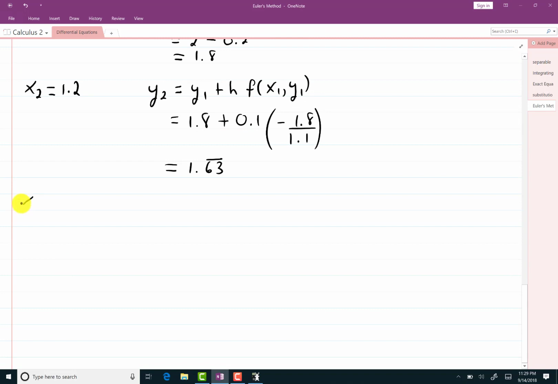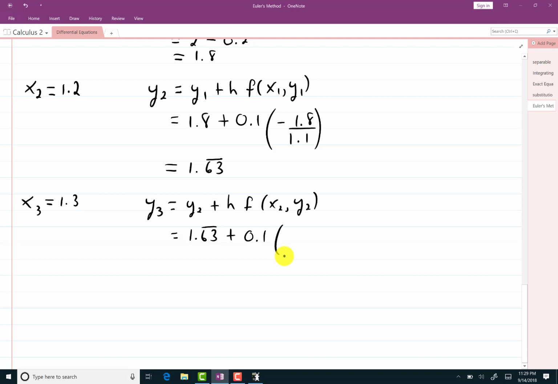Then we have x3, increment x by 0.1 again, 1.3. Then y3 equals y2 plus h f of x2, y2. And that equals, what was our y2? That was 1.63 with a bar plus 0.1 times negative 1.63 bar over it divided by 1.3.